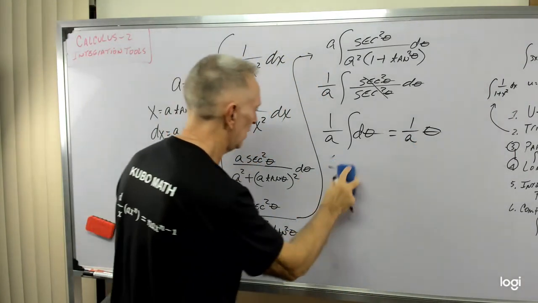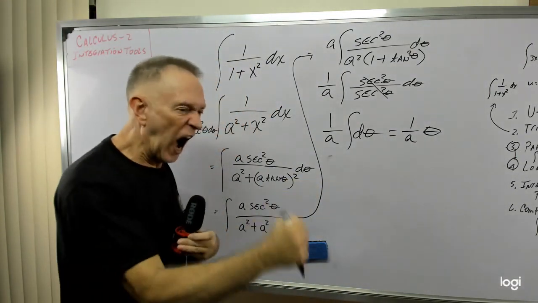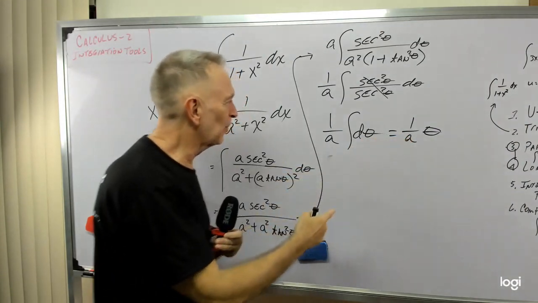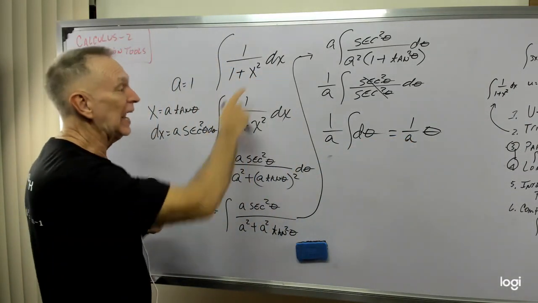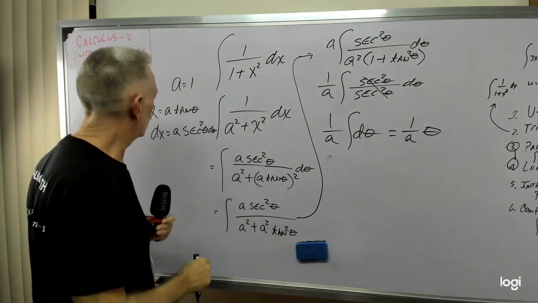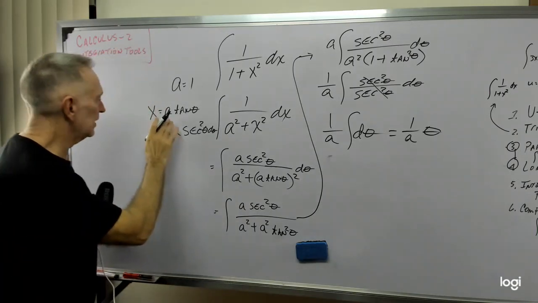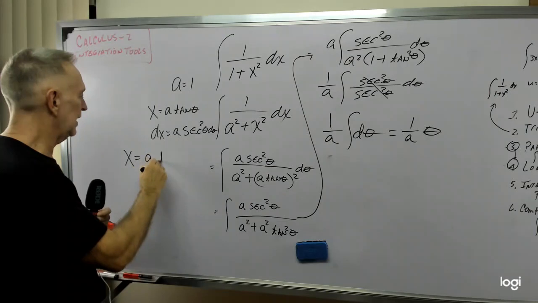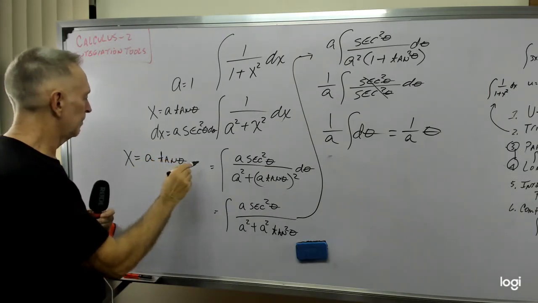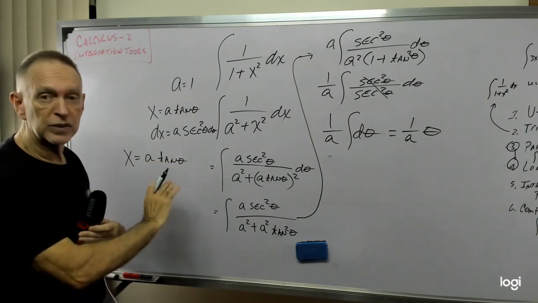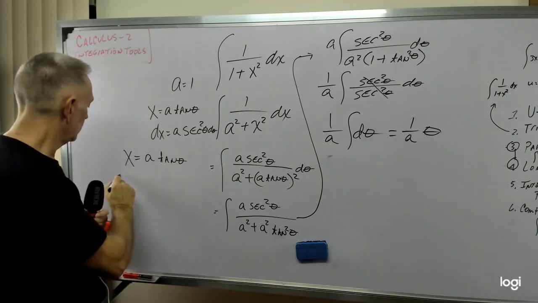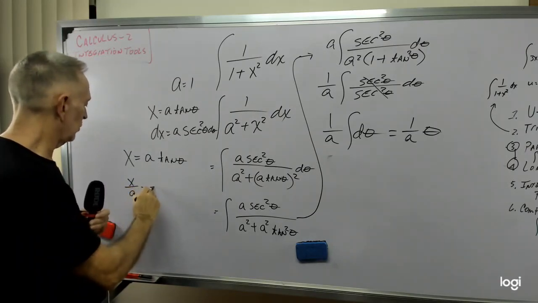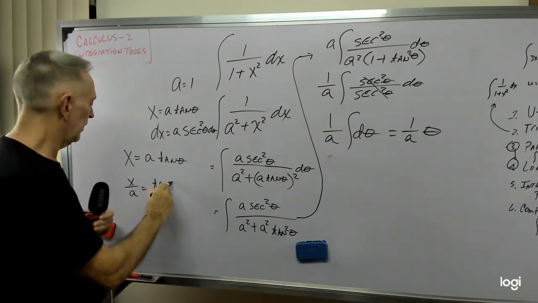And you may be thinking, but not yet. We're still in the theta world. We've got to get back to the x world. Let's think about that here. We had x equals a tangent theta. So I can divide both sides by a, which gives me x over a equals tangent theta.